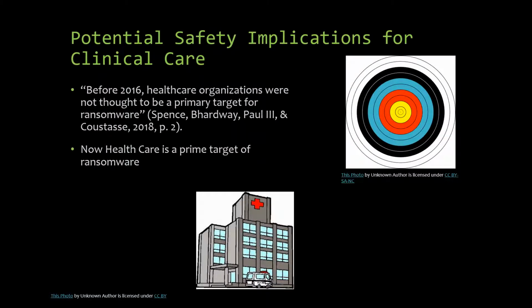Potential safety implications for clinical care. Before 2016, healthcare organizations were not thought to be a primary target for ransomware. However, 14 hospitals had become the target of ransomware, and a total of 173 hacking data breaches had been officially reported by October 16, 2016. Today, it's believed the healthcare systems are the primary targets for cyber attacks.